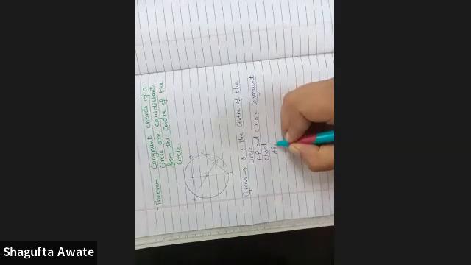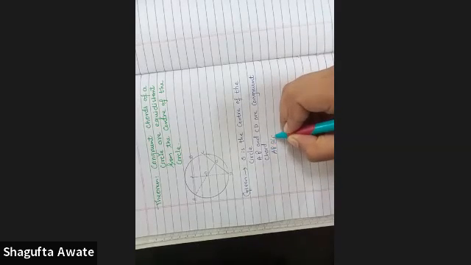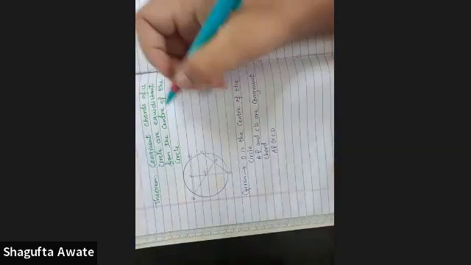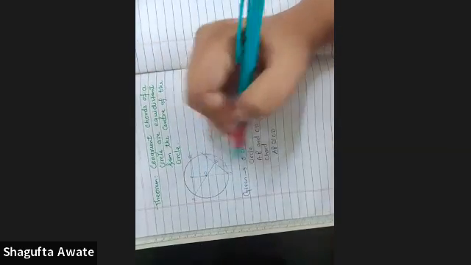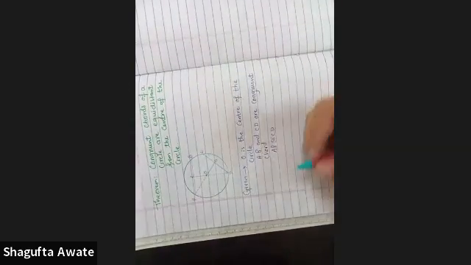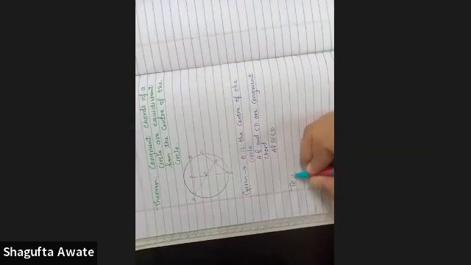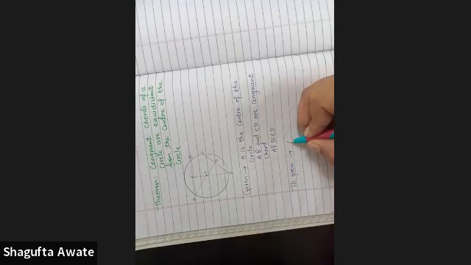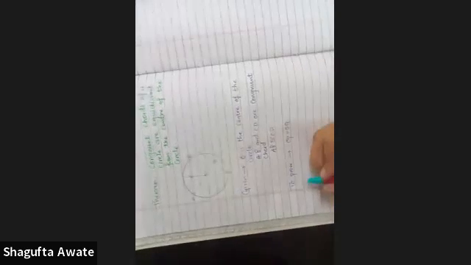This AB is congruent to chord CD. So we have to prove that OP is equal to OQ. To prove that OP is equal to OQ. So, construction.